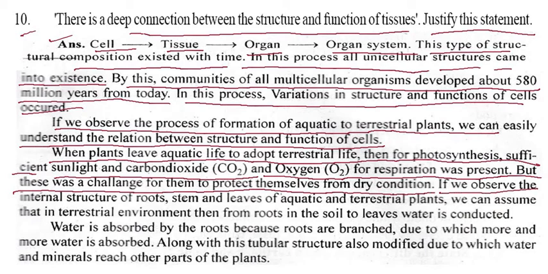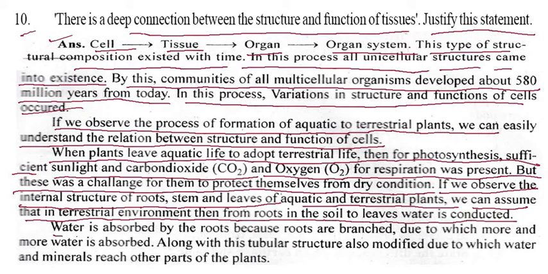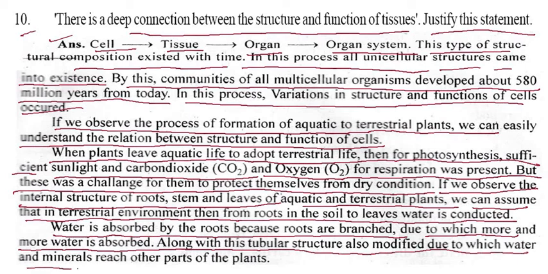If we observe the internal structure of the roots, stem and leaves of aquatic and terrestrial plants, we can see that in the terrestrial environment water is conducted from the roots in the soil to the leaf. Water is absorbed by the roots, because roots are branched, due to which more and more water is absorbed, and the structure is also modified so that water and minerals reach other parts of the plant.